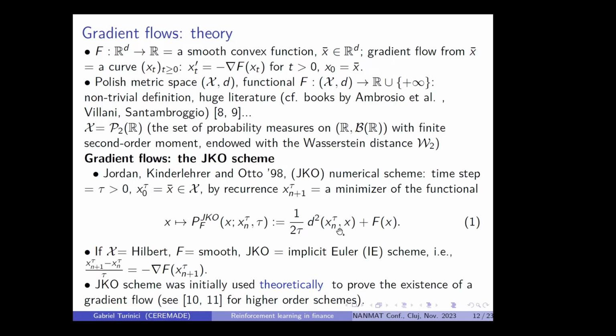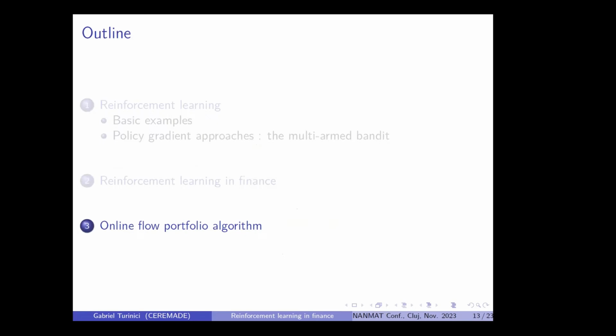If you look at this as an optimization problem in a Hilbert space, we see that, in fact, this is an implicit Euler scheme, because this will be the norm of x minus x_n. When you do the gradient, you obtain this equation. So it's just an implicit Euler. With this kind of idea, you can generalize flows to metric spaces.